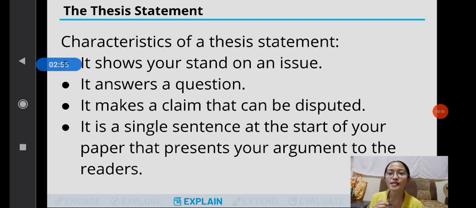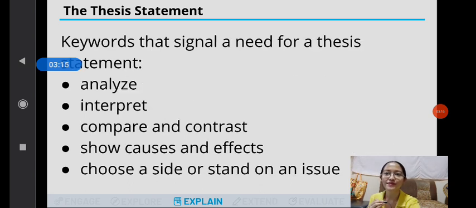Next, it makes a claim that can be disputed. When we say claim, it's a sort of belief or assumption on a specific topic or major concept. Next, it is a single sentence at the start of your paper that presents your argument to the readers.